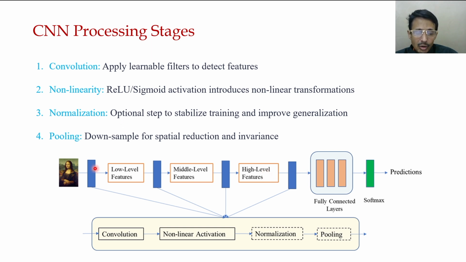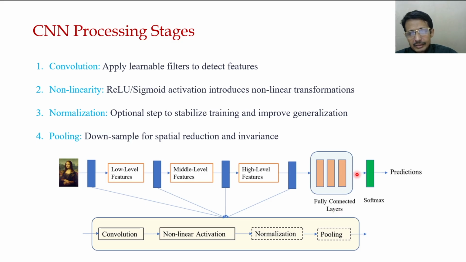It is not necessarily a single such layer; there may be multiple layers: 10 such layers for low level features, 15 for mid level features, and again 10 for the high level features, and so on. By these convolution, nonlinearity, normalization, and pooling layers, we get the features, and these features are fed to the fully connected layers.